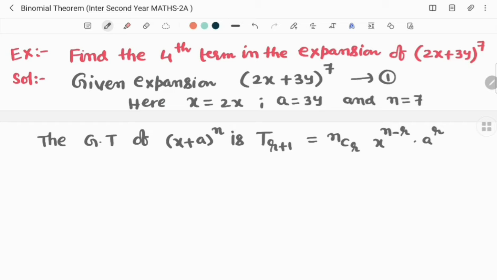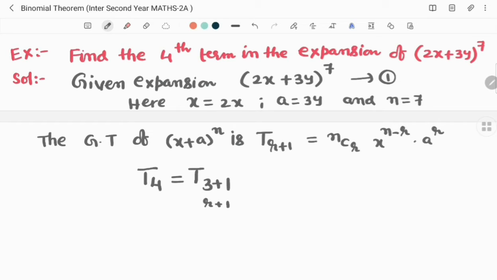So here they are asking the fourth term, no? So T4 can be written as T3 plus 1. So this is looking like r plus 1, no? r is equal to 3.